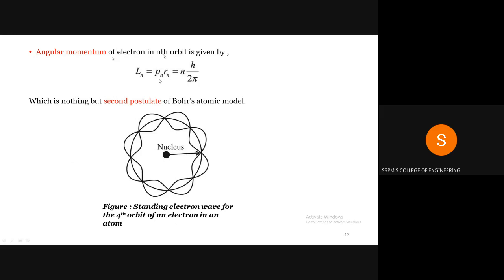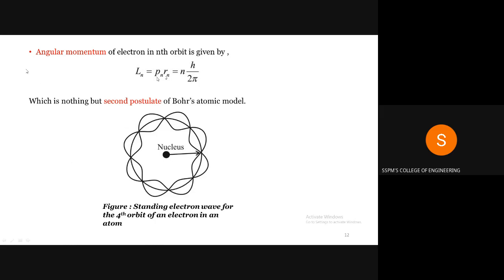What is linear momentum? Linear momentum is m into v, that is mass into velocity, and mvr is nothing but angular momentum, equals nh upon 2 pi.